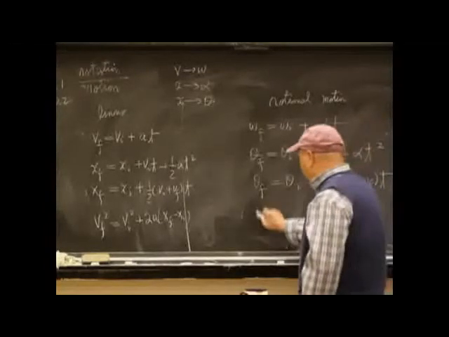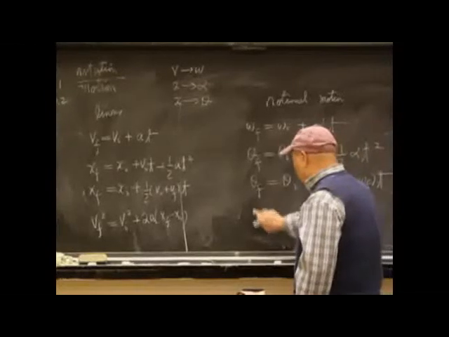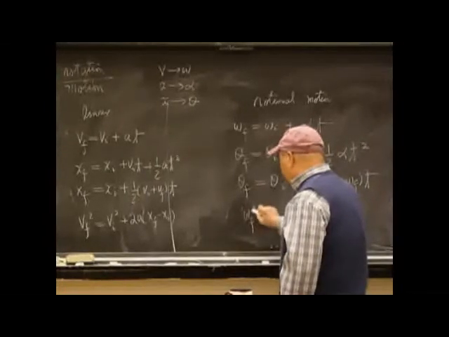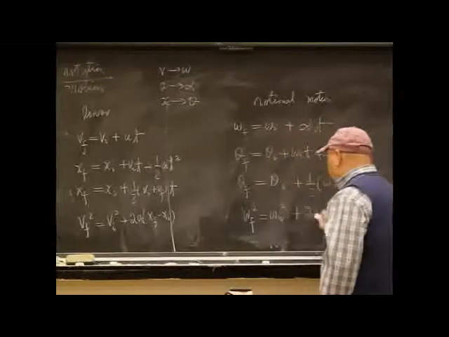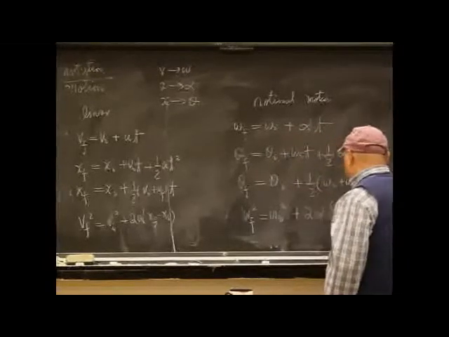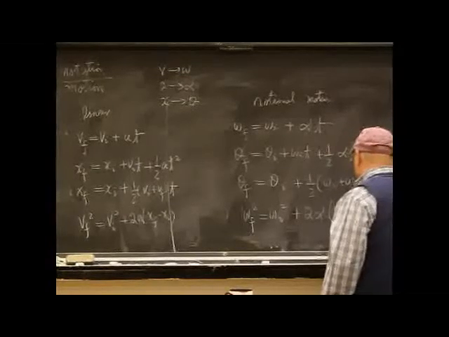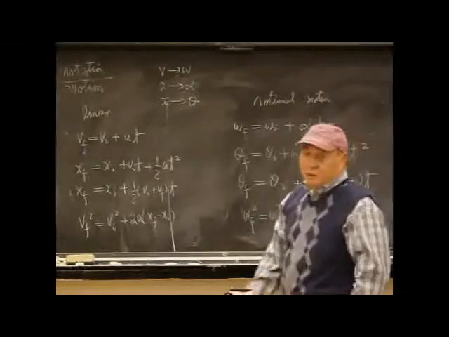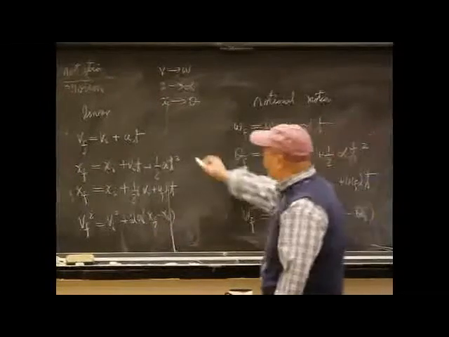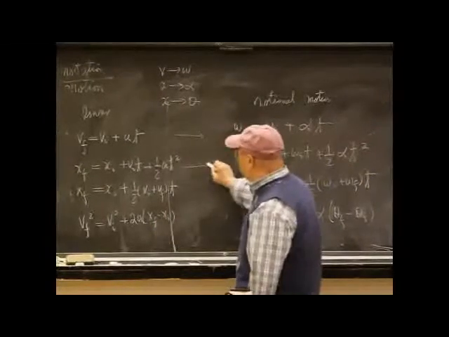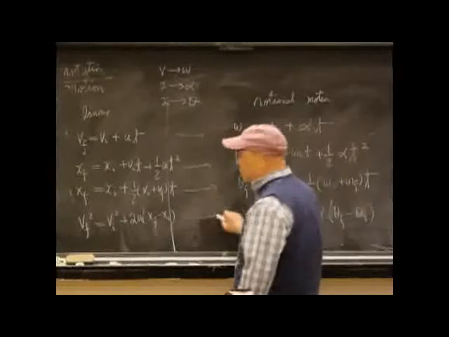And omega sub f squared equals omega sub i squared plus 2 alpha (theta sub f minus theta sub i). Can you see the relationship? So nicely done, from linear motion to rotation.